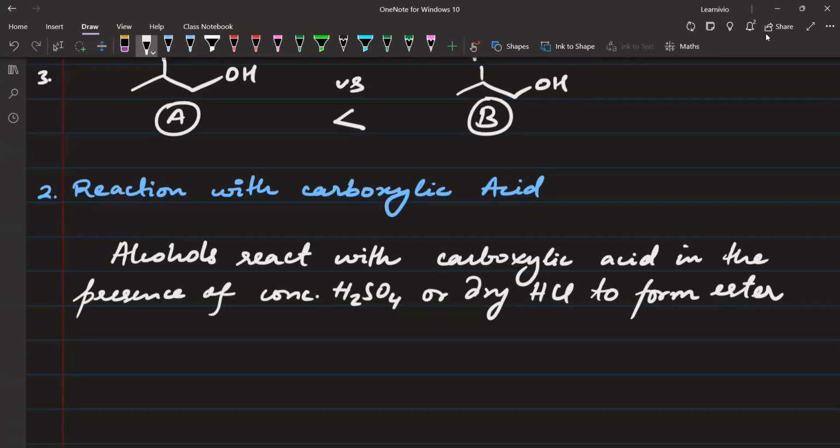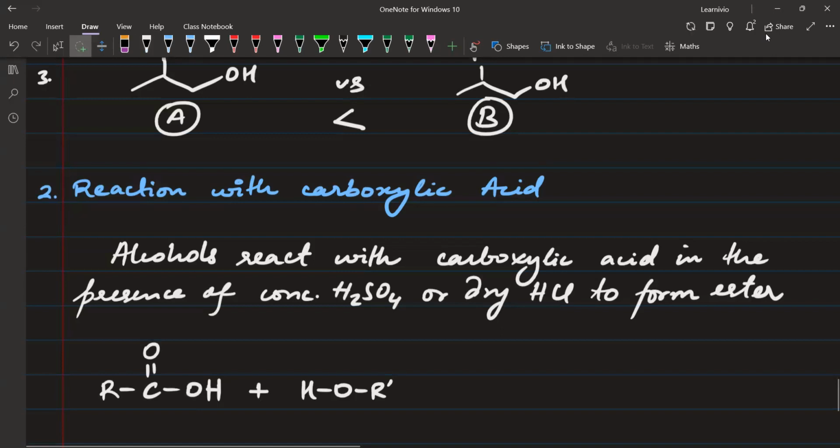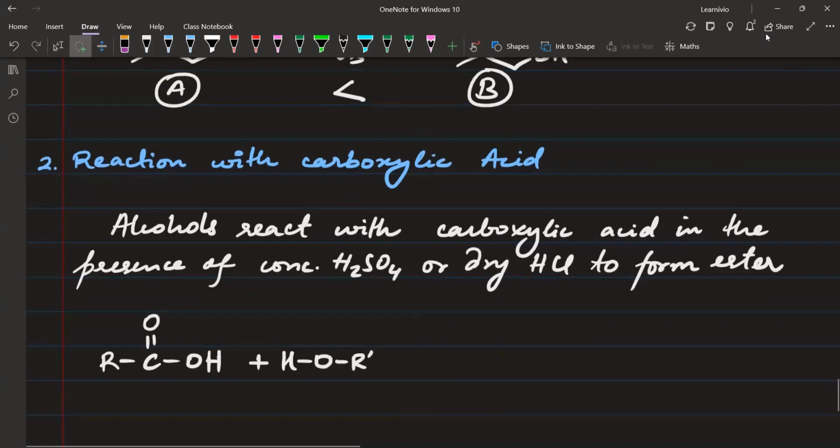So the reaction is something like this. We are going to have carboxylic acid R C double bond O OH. Hydrogen of alcohol is used. Plus we are going to have HOR', that is alcohol. So in this reaction, water is formed like this.